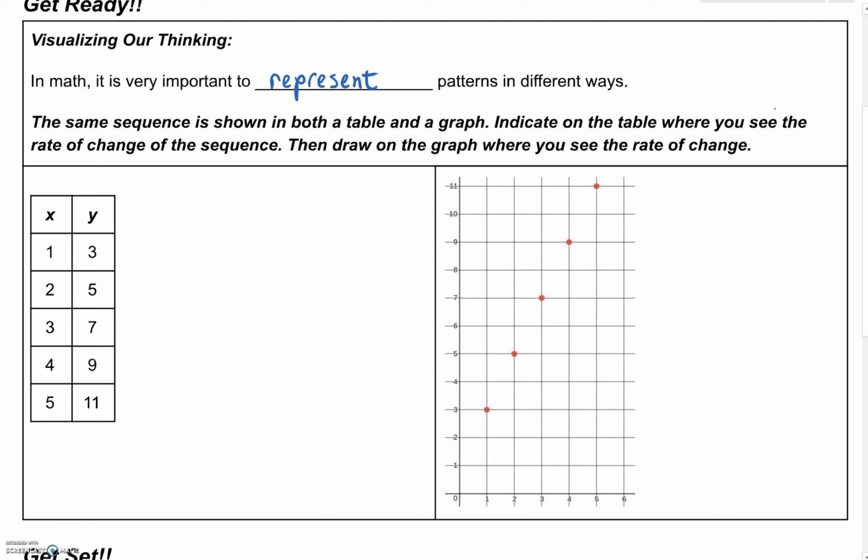Well, my goodness, as you're looking at the inputs and the outputs, we've got our inputs, these are our X's. We've got our outputs right here for our Y's. You can look at the Y values and see we're going from 3 to 5 to 7 to 9 to 11. We're getting larger.